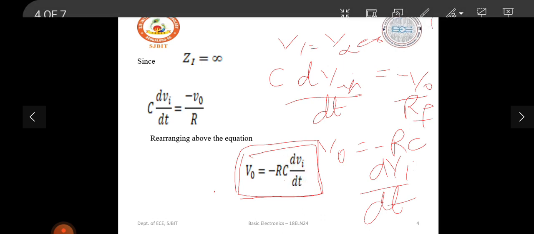That is the differential of voltage with respect to time, the rate of change of input voltage with respect to time. So it is negative, and it is also directly proportional to the R and C values, the resistance value as well as the capacitance value.